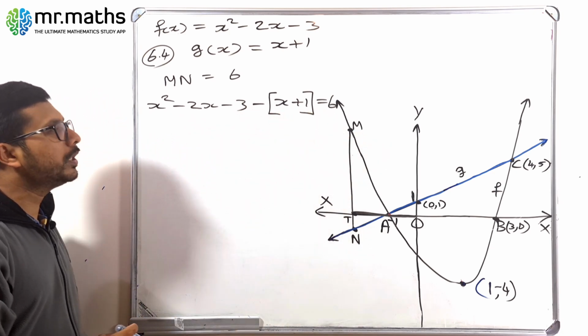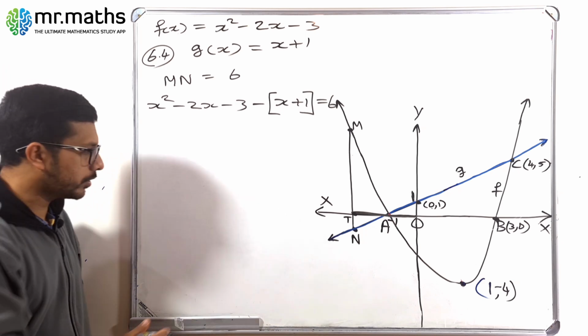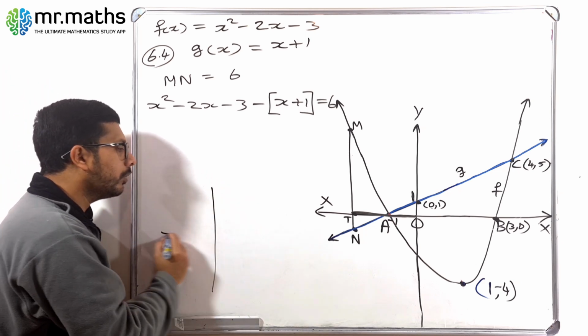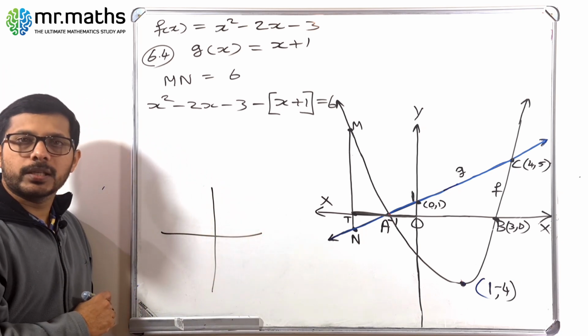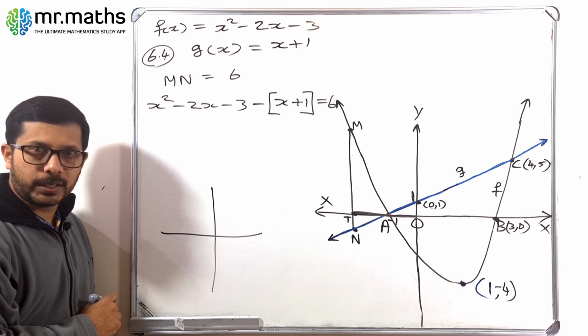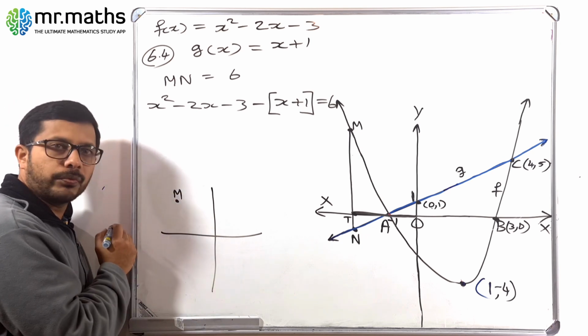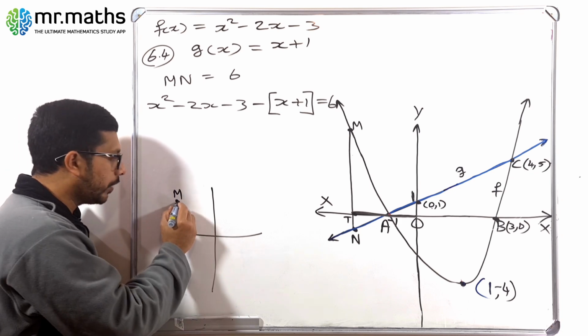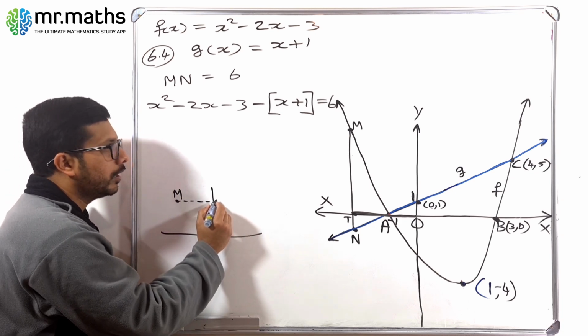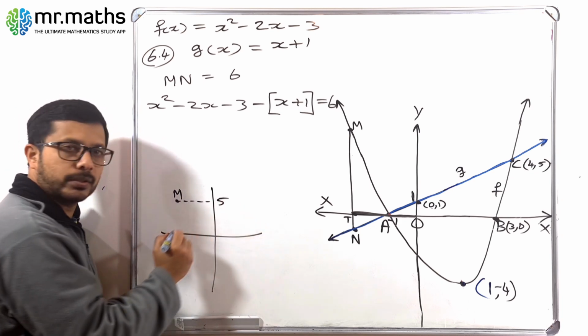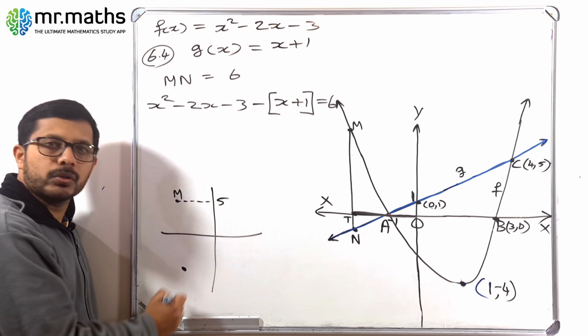Those who didn't understand this, let's try to understand it like this. You know that f of x is the same as y. Am I right? So this is our point M. F of x means y. Assume that this y value is, let's say, 5 units. And g of x is also y.